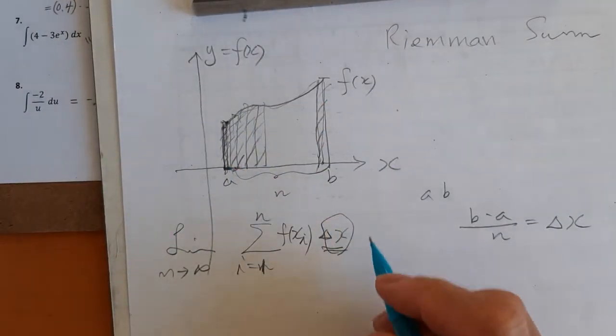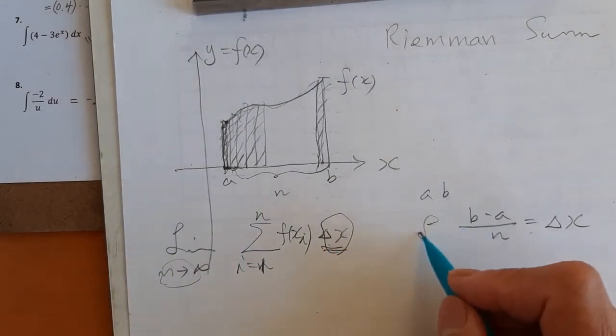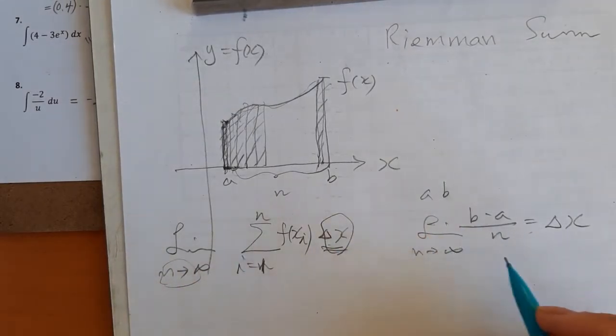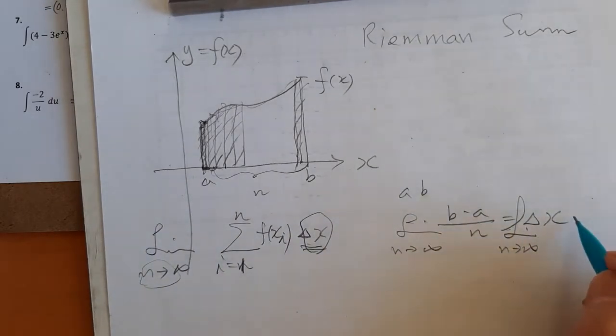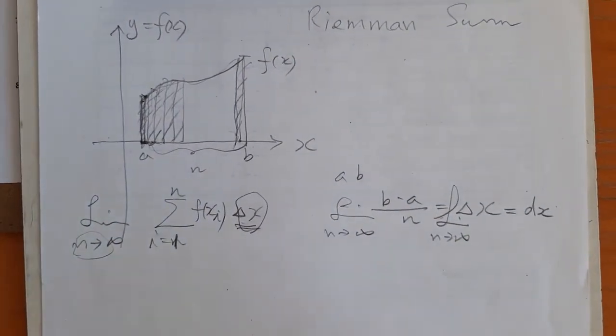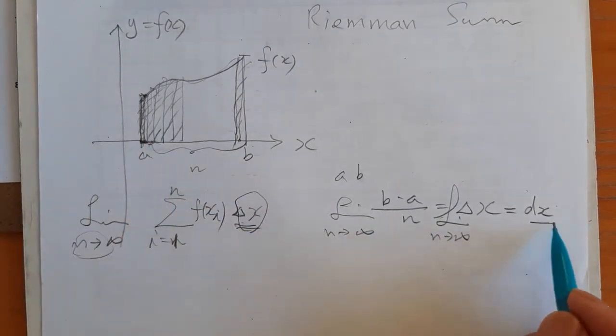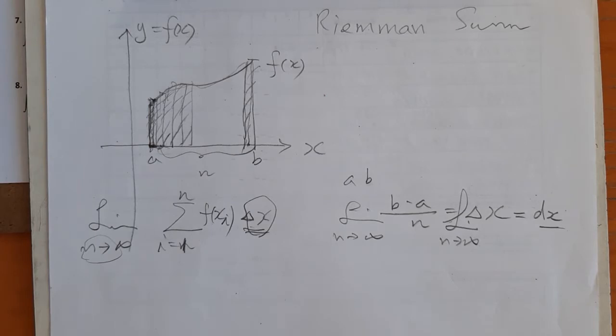And this delta x, when n goes to infinity, becomes very, very small. We call it dx, the difference of x, a very, very small difference between two x values.